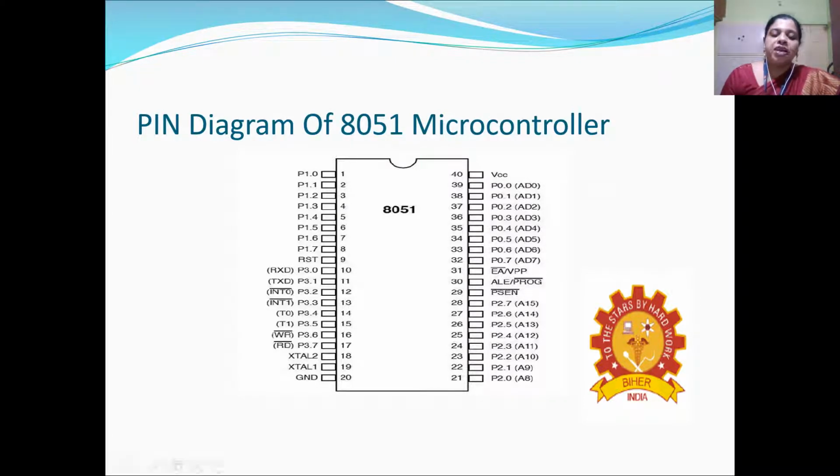Regarding the specification, P1.0 means the 0th pin of port 1, and P1.2 means the second pin of port 1. Then, 32 is over, so the remaining 8 pins: 2 pins are allotted for ground and VCC, and 2 pins, here we can see XTAL1 and XTAL2, which will be connected to the crystal oscillator to provide the frequency to the microcontroller.